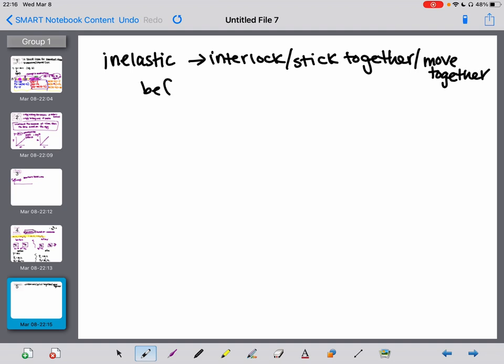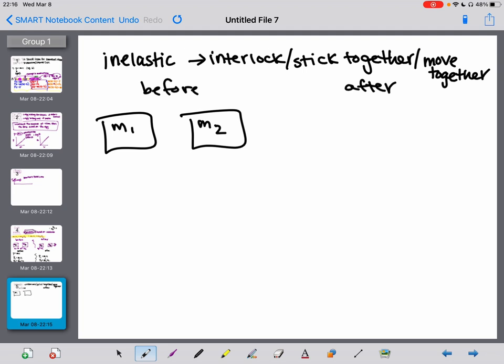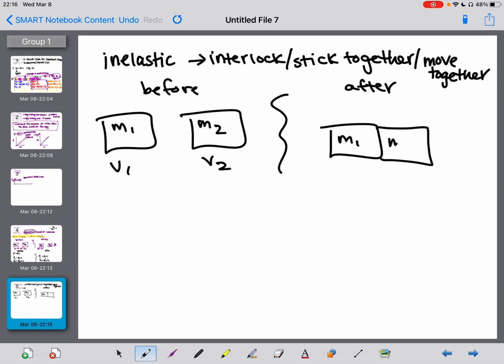Okay, so keep in mind you have the before and the after. Before, these objects start out separated with some velocities, then after they get combined, so we have m1, m2, and they move with some final velocity together as one whole object. So again, we use the relationship P equals mv.